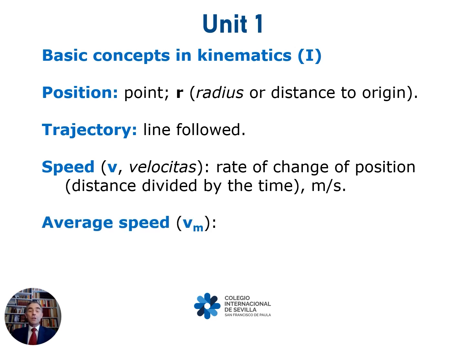The average speed, or Vm, the m coming from the Latin media, is used when that rate of change of position does change along time, and bodies move in different ways along a different period of time.